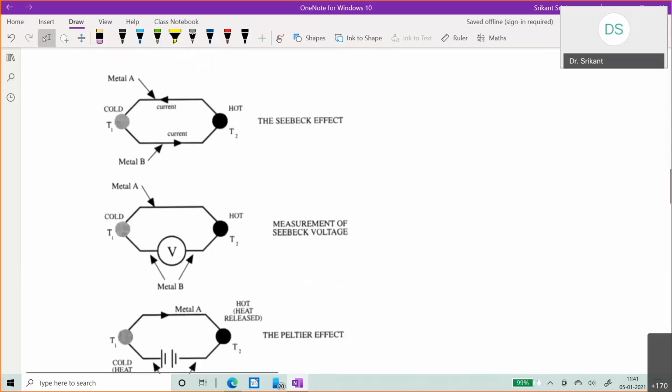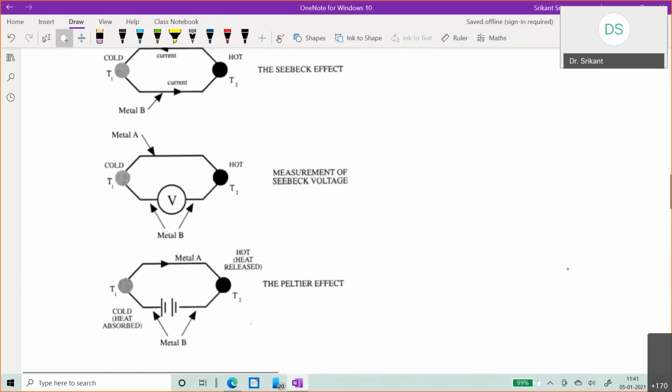So the Seebeck effect is taking thermal energy and converting it to electrical energy. So due to hot end and cold end, you are having current flow, conversion of thermal energy to electrical energy. The Peltier effect is the opposite. I'm supplying electrical energy and I'm creating thermal energy. So this is how your air conditioner would work. So in your house, you have the AC, right?